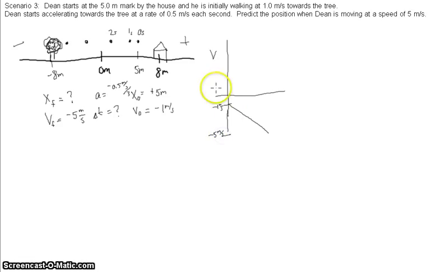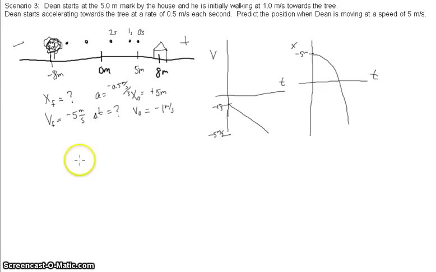And the negative just means to the left in this case. The position versus time graph, he starts at a positive position, and he's getting faster, so we'll start at positive 5, and it'll be an upside down parabola, getting faster as he goes.